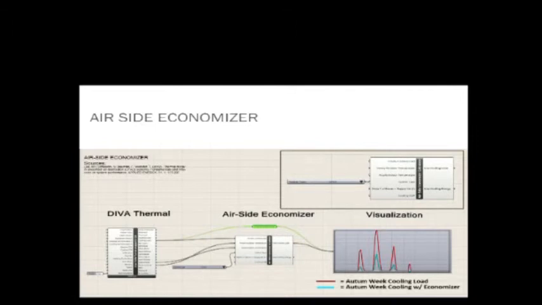Or there's a thermal band between the heating kicks on. So we are setting that temperature, and then we are plotting what is it doing to the cooling load. So in this data visualization plot, you can see this is without the economizer cycle, and this one with the economizer, the blue. So we can quantify how much we can save on the cooling load itself.